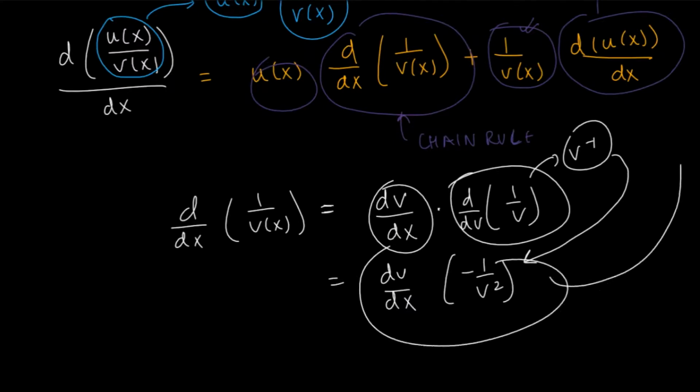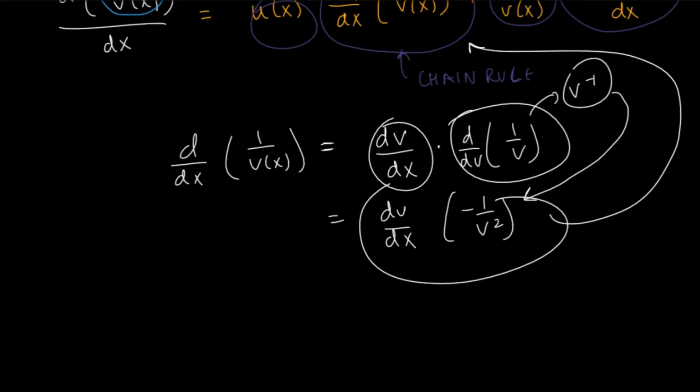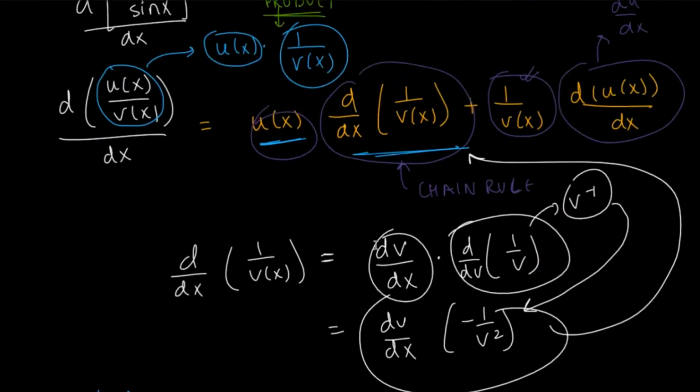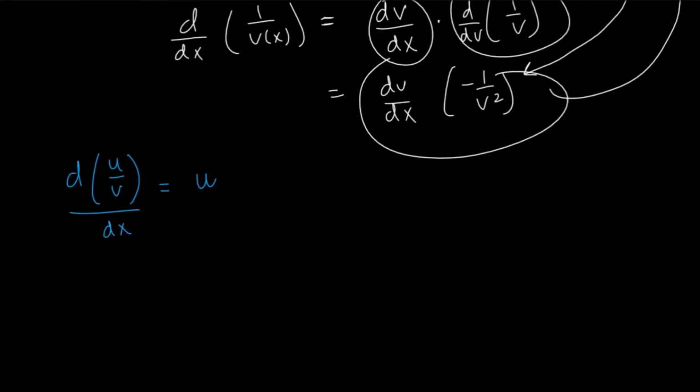Take all of this, plug it right here. So this just gives you, and that's really nice, that d of u over v, I'm not writing x's right now, is equal to u, just write u for that. For this entire thing that was here, the d over dx of 1 over v of x, you just plug in this.